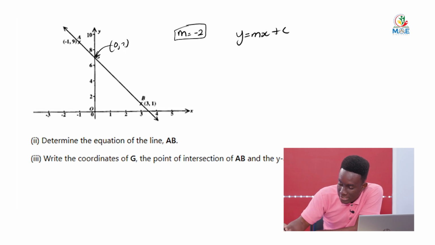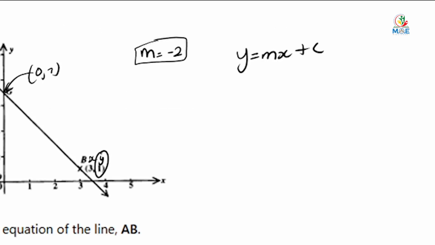We know the gradient is negative 2, and we also have two points on the line. You can use these two points, this is x, this is y, and substitute those and then find C. So y is equal to 1, so 1 is equal to the gradient, negative 2, multiplied by x, which is 3, plus C. Negative 2 times 3 is negative 6, plus C. Hence C would be equal to 1 plus 6, so C is equal to 7.